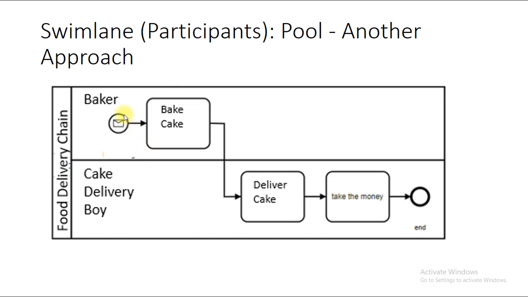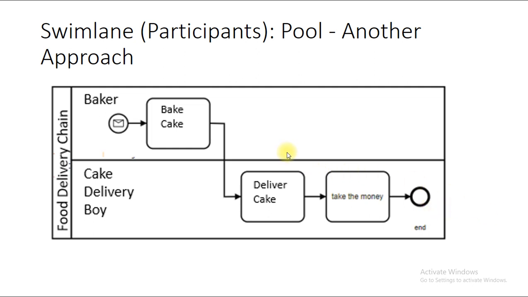So the baker, in his lane, bakes the cake upon notification from the customer that a cake needs to be ordered, or there is an existing order for a cake. And then he bakes the cake and he passes the control over to the cake delivery boy, who in his lane delivers the cake and then takes all the money, and then he comes to the end of the process.